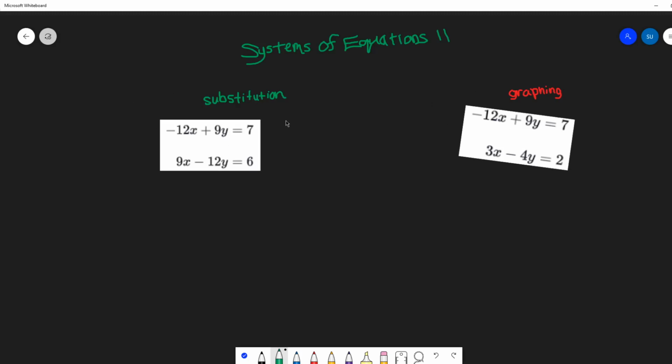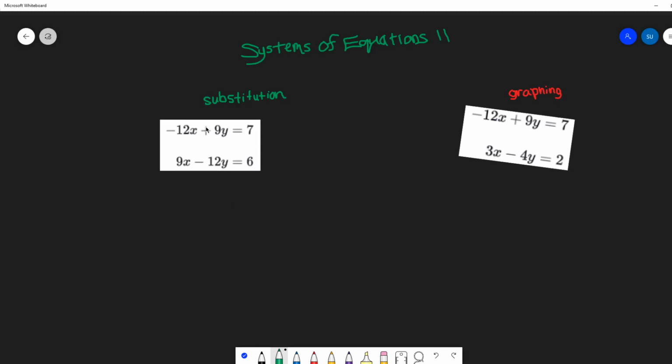But anyways, with substitution, what you're essentially trying to do is find the value of one variable and then substitute it into the other equation so you can find the value of that variable. You'll see what I mean.